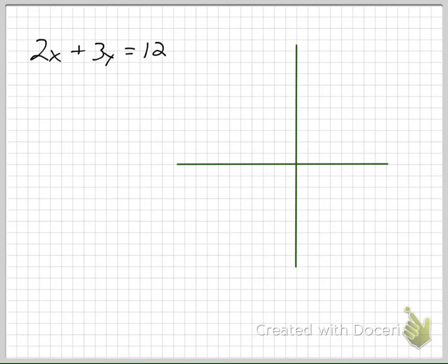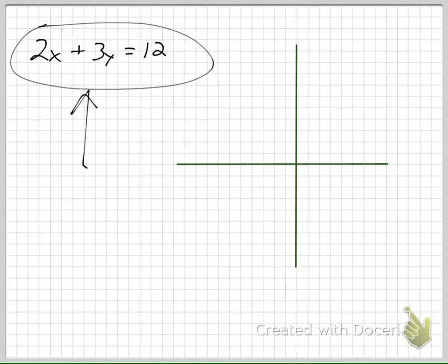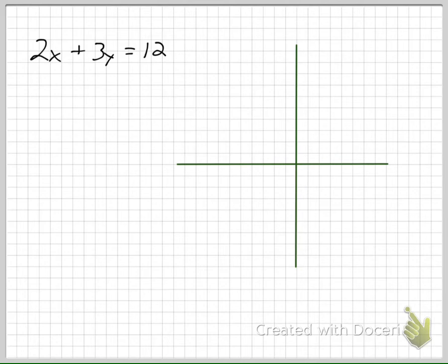So what can I do here? How can I figure out what's true about that? I can make x be 0. Remember, this guy right here is a line. It's not a single point. So on our line, let's make x be 0. 2 times 0 plus 3y equals 12. 2 times 0 is 0, so 3y equals 12.